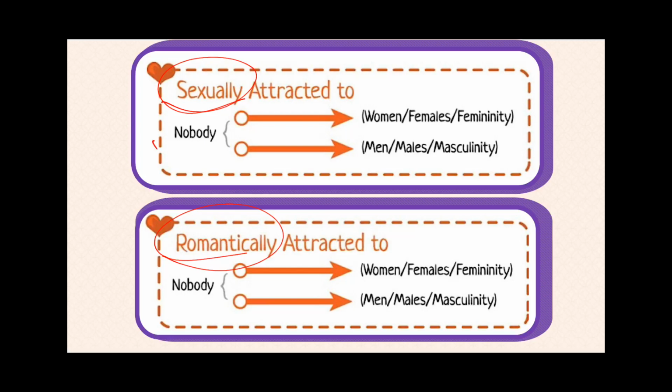So if I am male, for instance, okay, and I am attracted to women, for example, and I'm not attracted to men, then I am a heterosexual, or simply straight. Okay, so that's pretty straightforward.